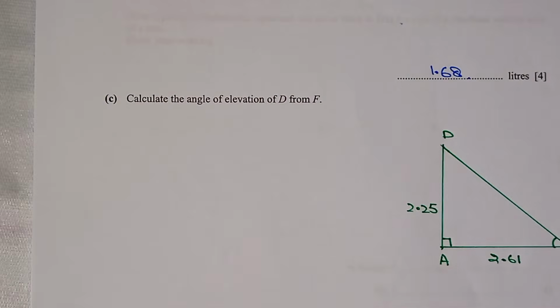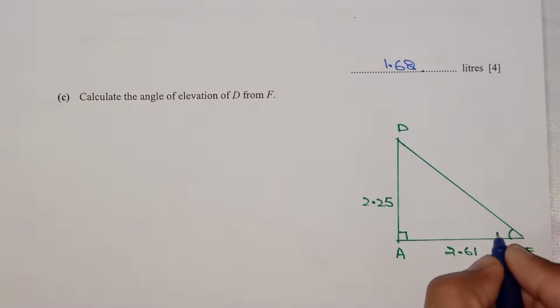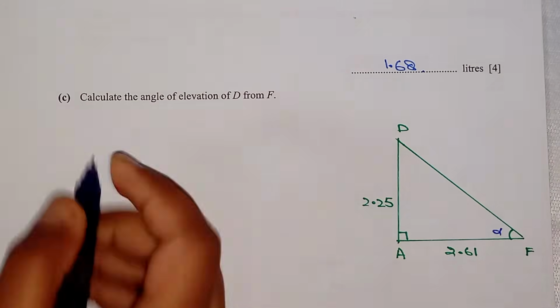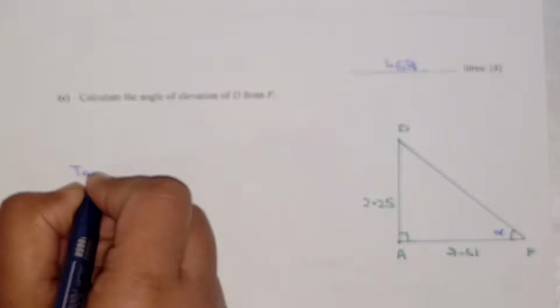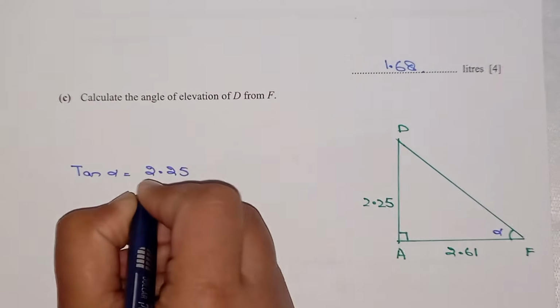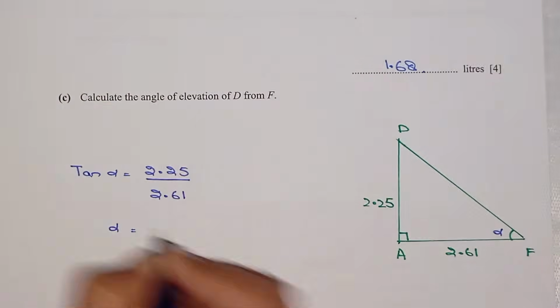Okay, so by using the trigonometric ratios formula, we can easily find out the value for the angle alpha. We have opposite and adjacent, so we can use the ratio of tan. Tan alpha would be equal to opposite, 2.25, over adjacent, 2.61. We can get the angle alpha by doing tan inverse.